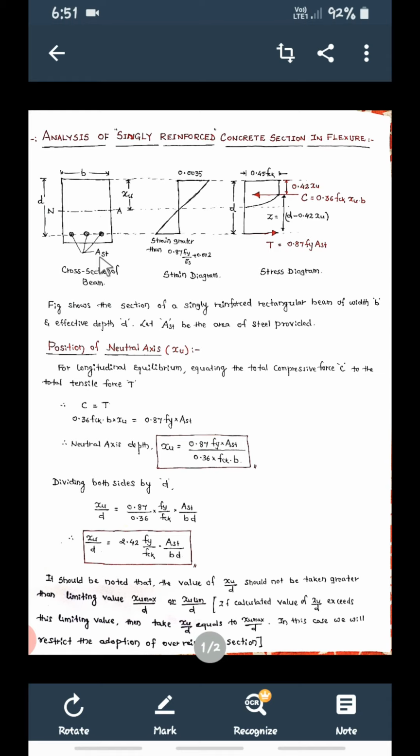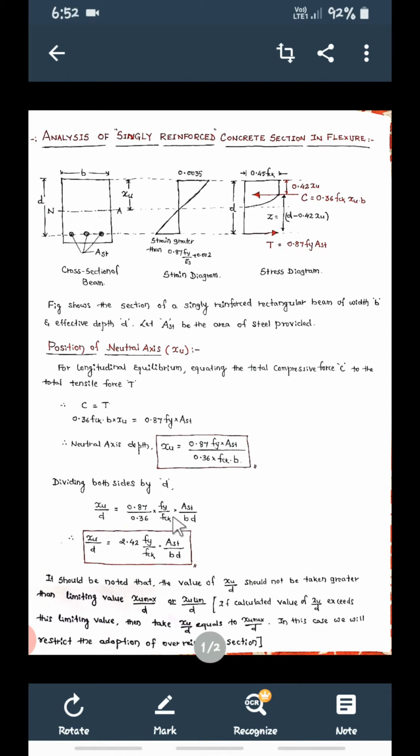So total T is equal to stress in the steel bar, 0.87 Fy, into area AST. So total C and total T.